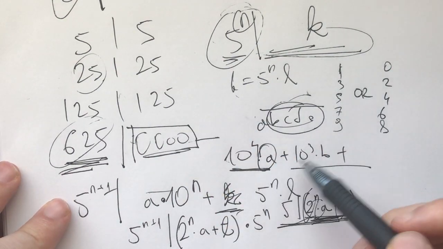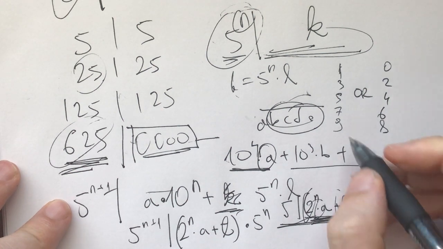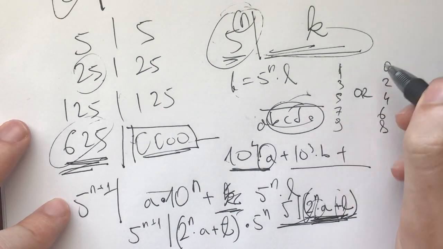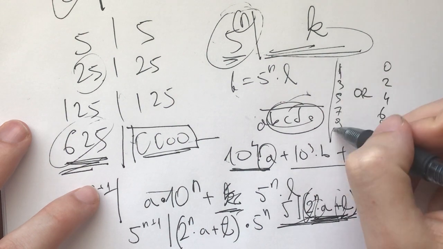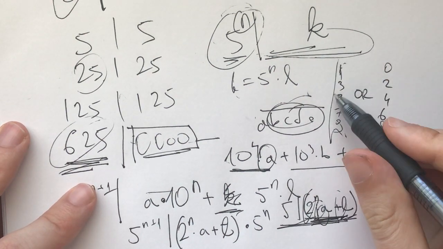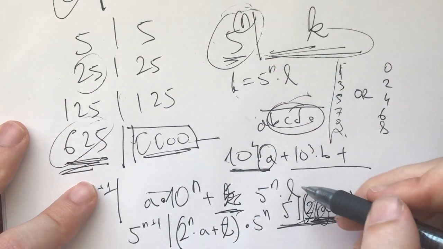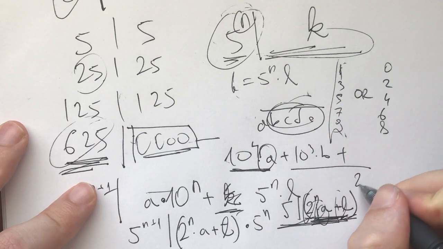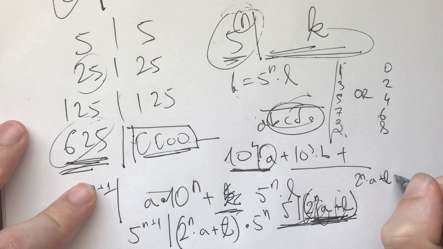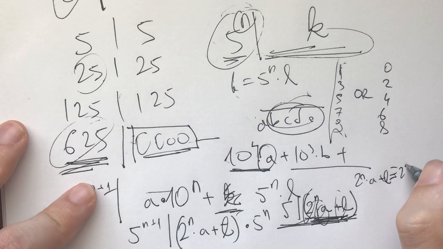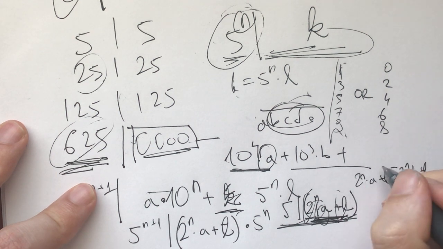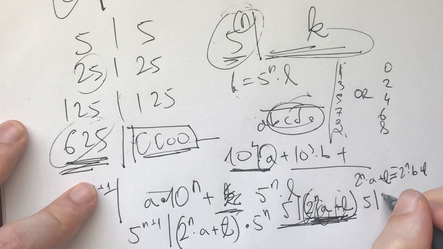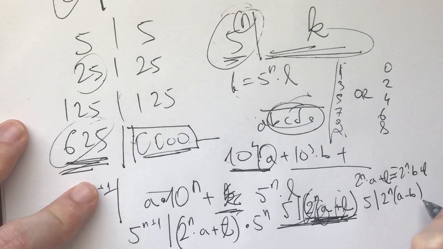And this is a common technique in number theory, that you have all the residues. Assume for two different a and b, the two numbers are the same modulo 5. Then you would have 2 to the n times a plus l congruent to 2 to the n times b plus l mod 5, which means that 5 divides 2 to the n times (a minus b).